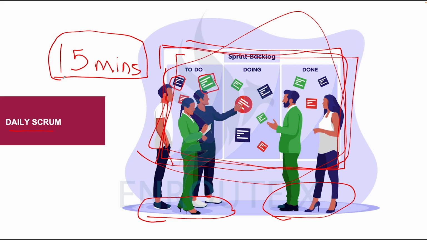A daily stand-up or daily Scrum, because we're talking about the Scrum framework, is not expected to last longer than 15 minutes. Of course, when you get to the field, you could make something different, and that is why you, as the Scrum Master or the product owner, would ensure that the team keeps it at 15 minutes.